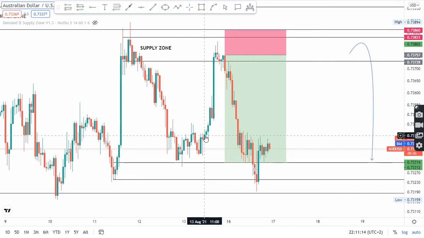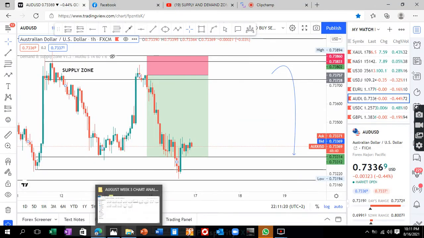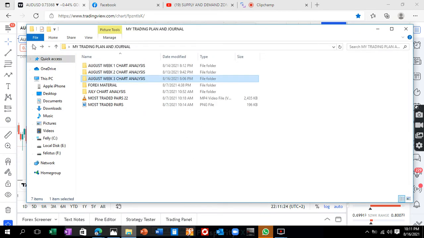You see how simple that is just by identifying this level. I personally took this trade. Let me show you my analysis of this trade. So you guys, it's very important for you to be generating your own trades.